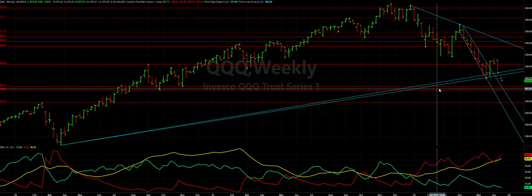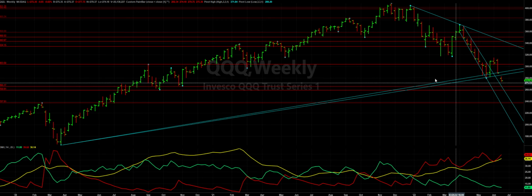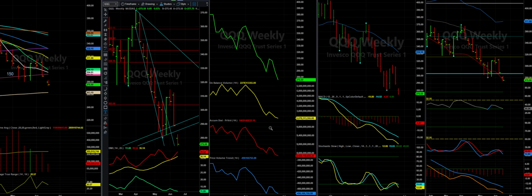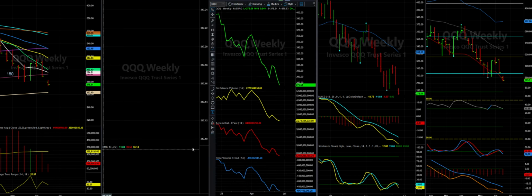And we don't want to come back down here and start testing this 265 level, 265.17. That's this horizontal red long-term weekly support level. If we start testing that 265.17, we're getting close to testing that 200-week moving average, which is at 263.10.